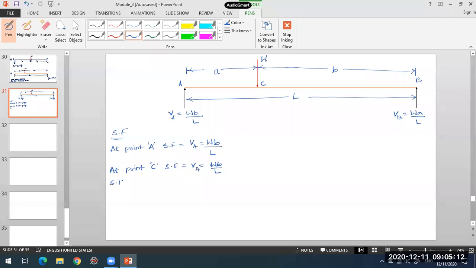Next is the shear force to the right of point C, after I cross the concentrated load.